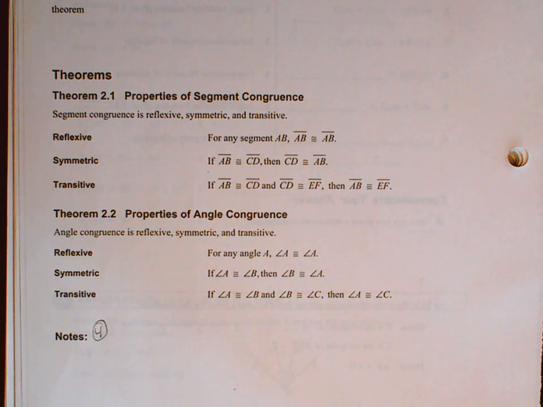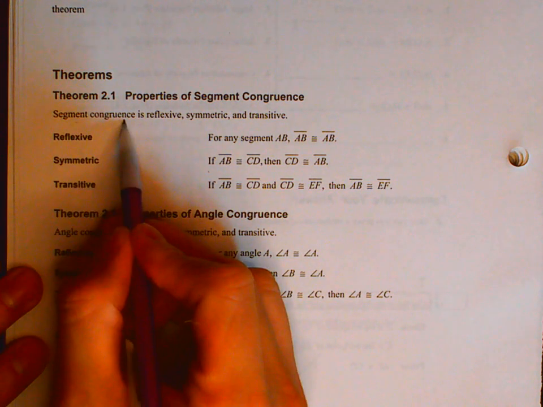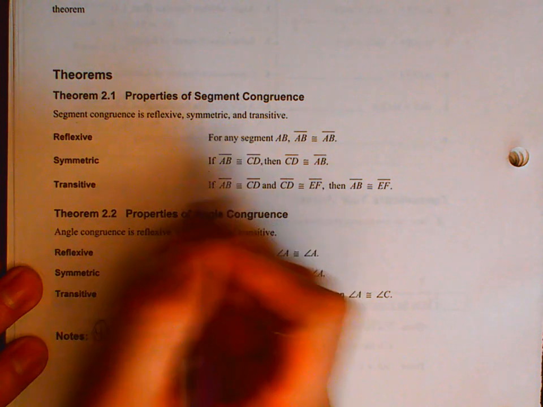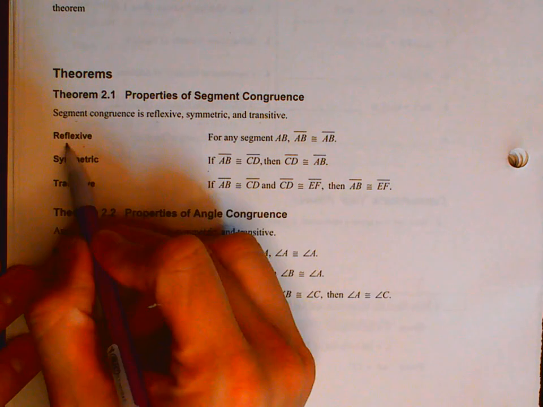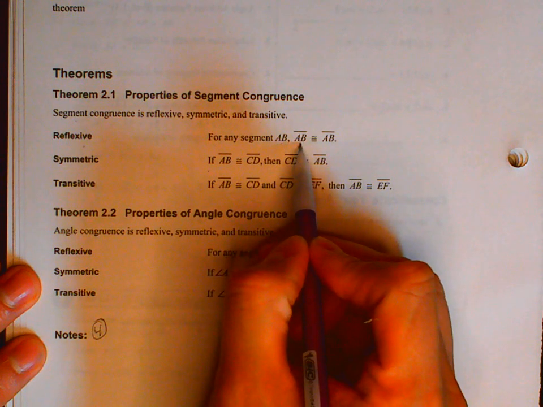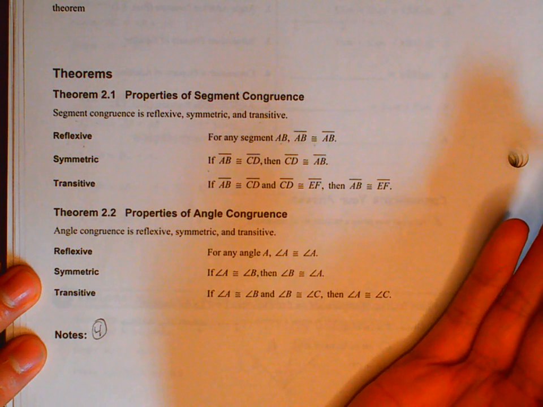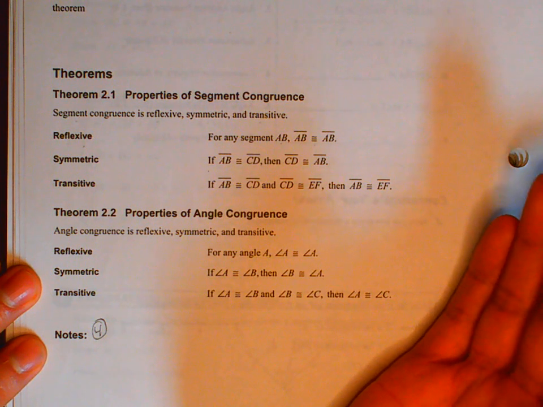Try to memorize them by the names, like for example, the properties of segment congruence. Okay, so here you can see in the first one that segment congruence is reflexive, symmetric, and transitive. So what does that mean? Reflexive. For any segment AB, AB is congruent to AB. So in other words, a segment is congruent to itself.